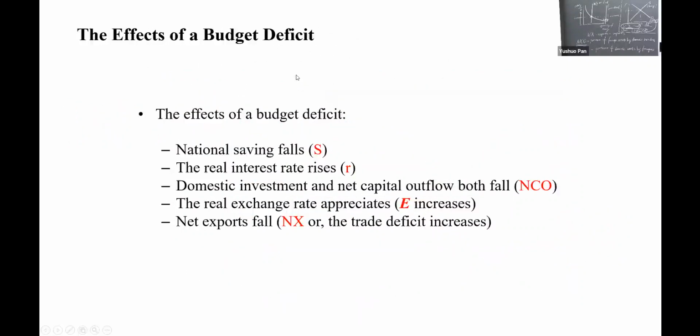The effect of the budget deficit: first of all, it will influence the national saving because T minus G decreases. So the national saving decreases. That's the supply curve in the loanable funds market. If S decreases, that will increase R. If R increases, in the R and NCO market, then the NCO decreases.